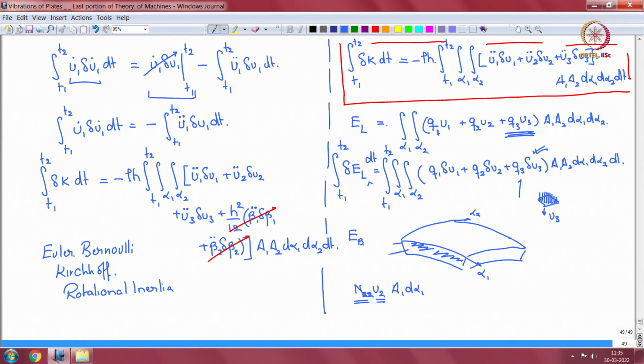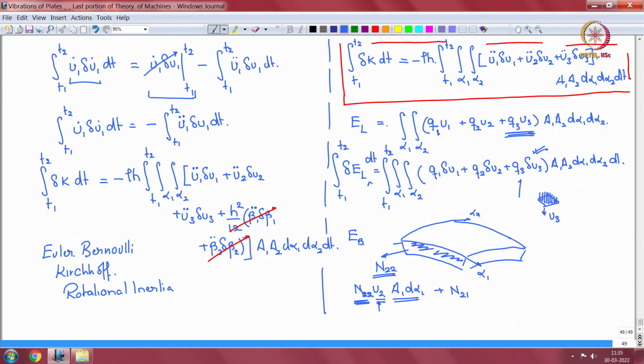So this is an N22, let us say, normal force resultant. So force per unit length into the elemental length and the displacement.